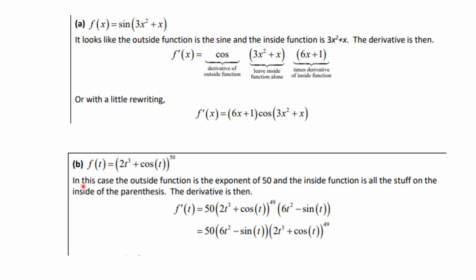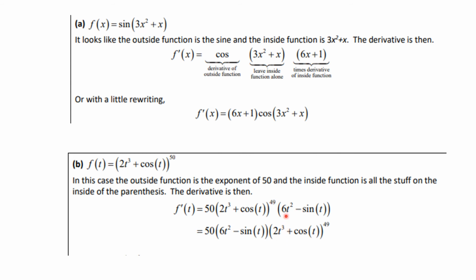Let's look at yet another example. y equals f of t is equal to (2t cubed plus cosine of t) whole thing to the 50. So you see what's on the outside is the whole thing to the 50. So what happens is you're going to say it is 50 times this business to the 49 times the derivative of the inside function.